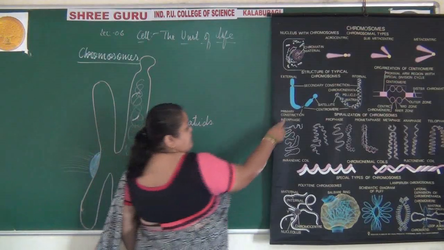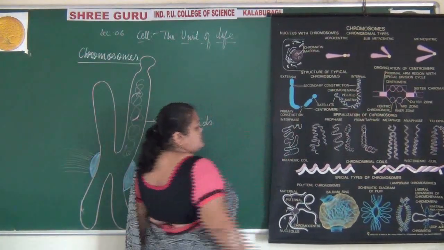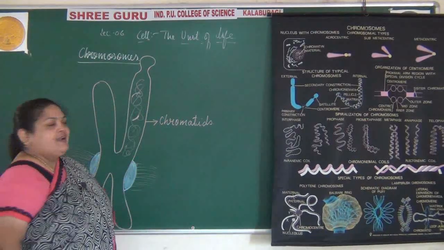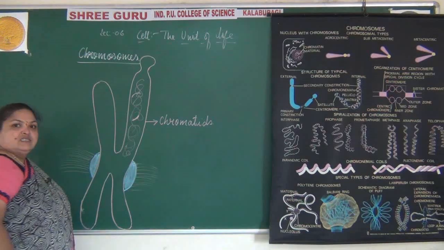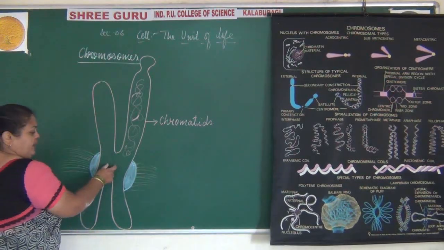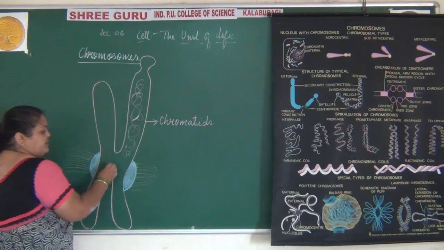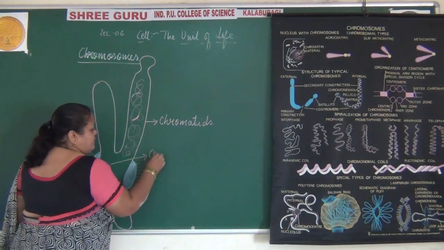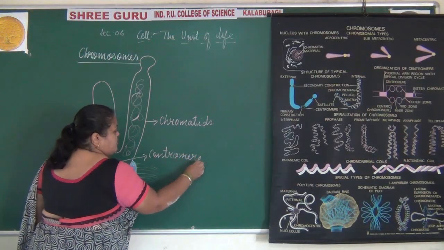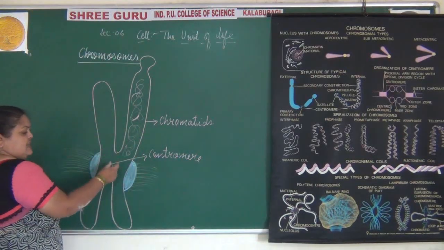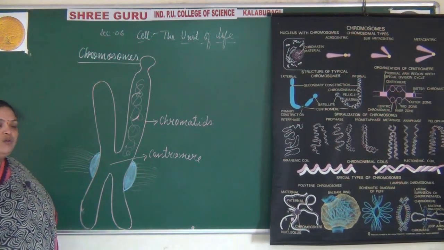So it has rod cylindrical arm-like structures which are regarded as the chromatids. Both of the chromatids are held at a point. That point is known as the centromere.